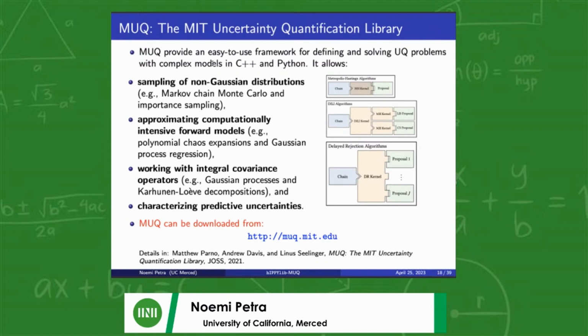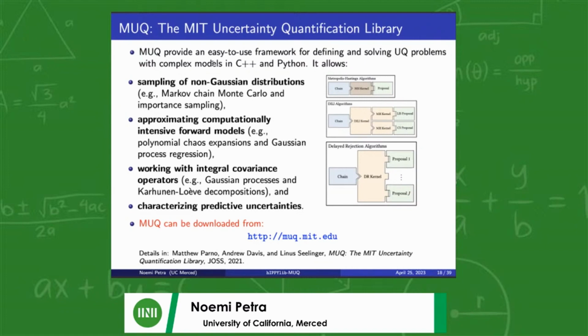It allows sampling of non-Gaussian distributions, and this is actually why we were interested to interface with MUQ, to bring these additional UQ capabilities to hIPPYlib. So basically, hIPPYlib offers all the problem setup and derivatives and adjoints and Hessian applies, and then we use MUQ to build proposals and explore various Markov chain Monte Carlo sampling techniques.